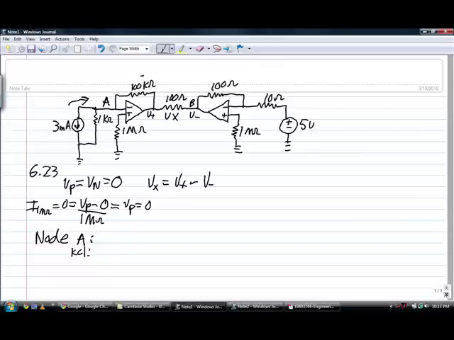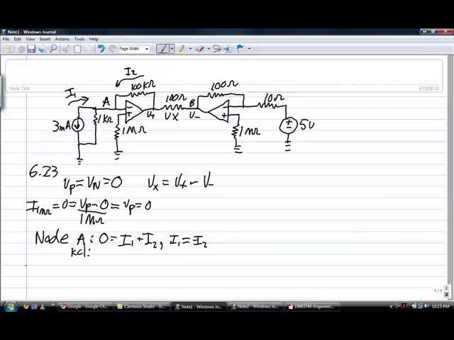We have the current from this 100k ohm resistor, and then we have some current going out, but we know that outbound current is equal to 0, so we can right away write 0 is equal to, let's label this I1 and I2, I1 plus I2. Now right away you can see why this is called an inverting amplifier, because when we rearrange the equation, we have I1 is equal to negative I2.